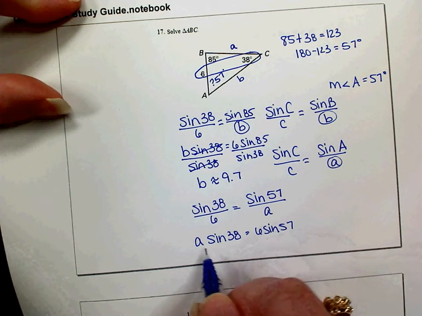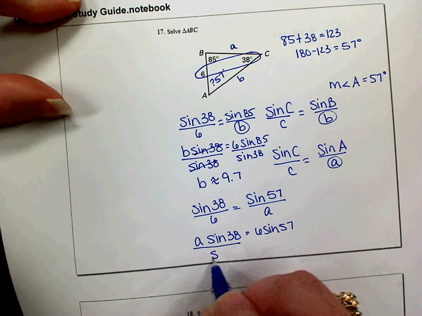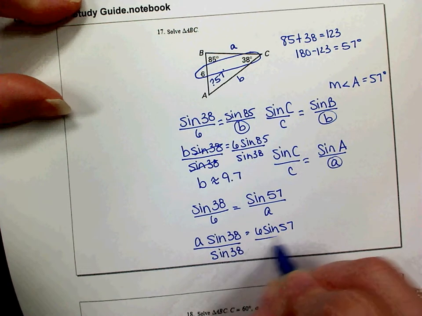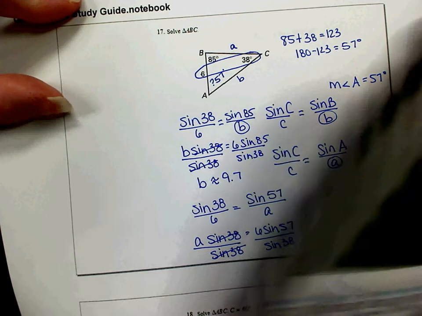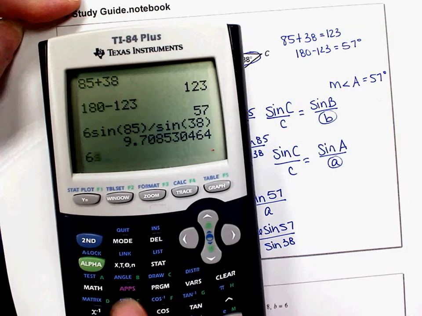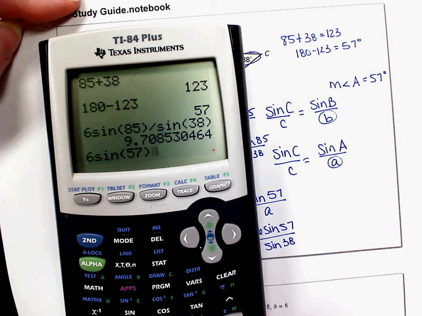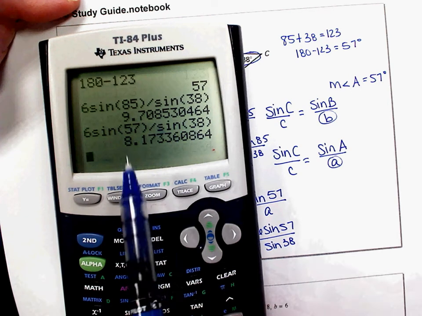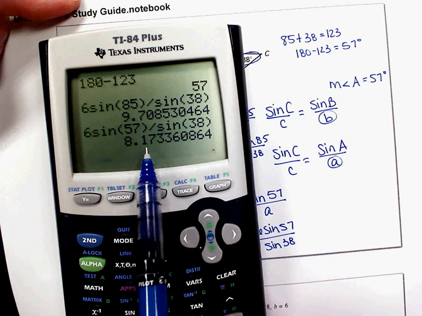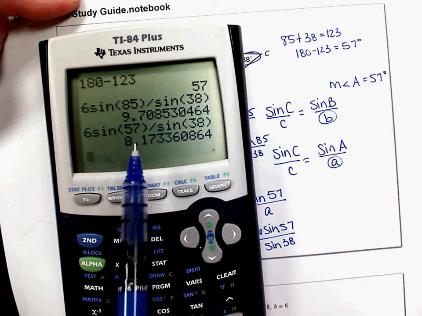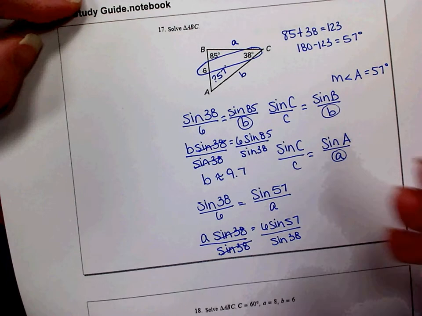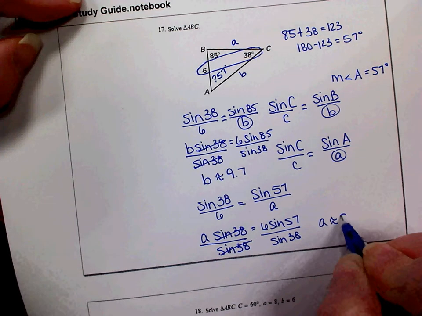And we undo the multiplication, dividing by sine of 38 on both sides. So our A is equal to 6 sine of 57 divided by, and don't forget to close that parentheses, divided by sine of 38. So rounding to the nearest tenth, there's a 1 there, but next door is a 7. So since that's 5 or bigger, we add 1 more, so that's 8.2. So A is approximately 8.2.